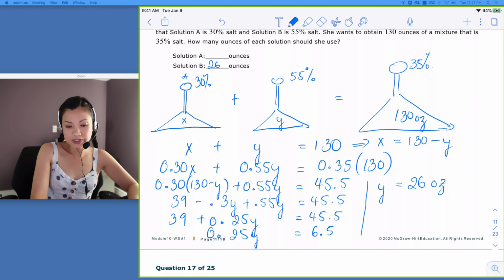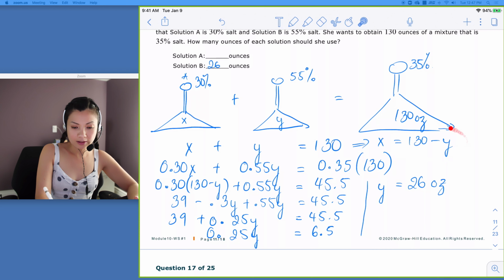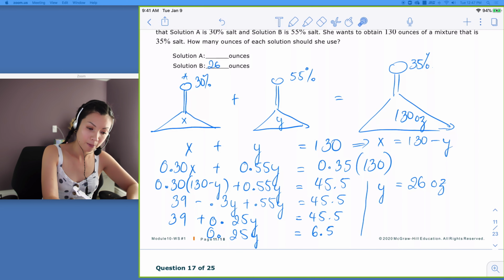Okay. For solution A, like the previous problem, I'm going to use that one. So after you subtract 26 from 130, you should get 104.